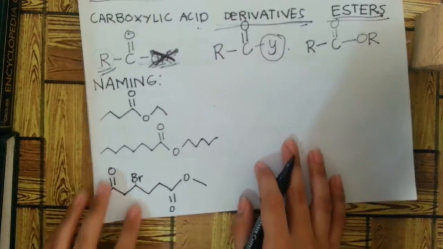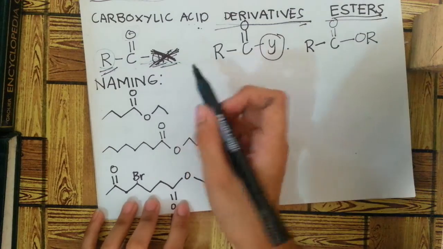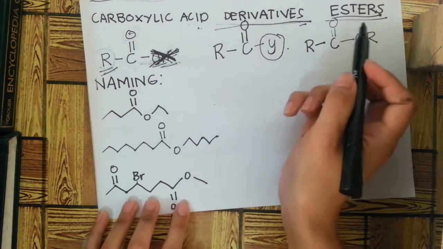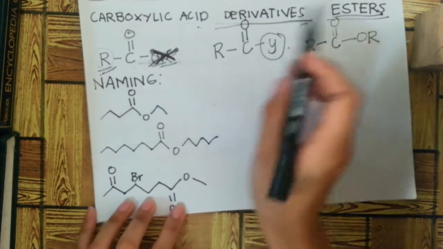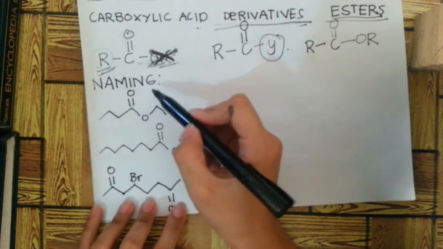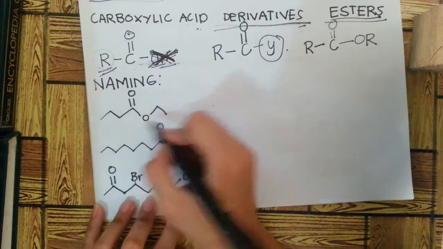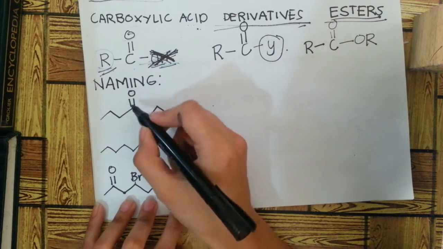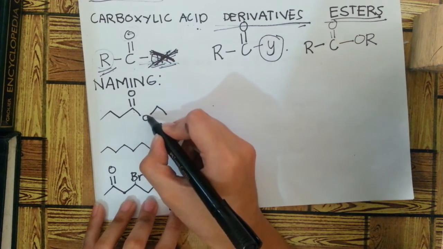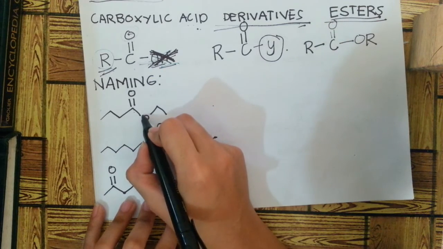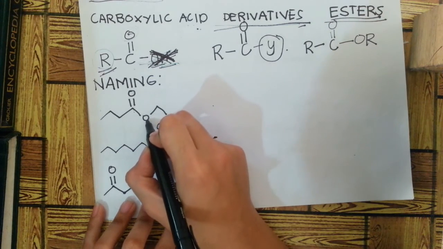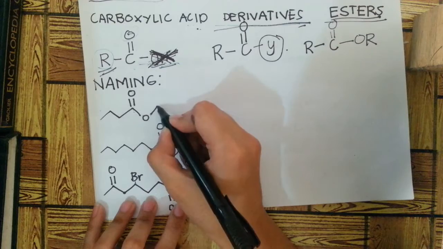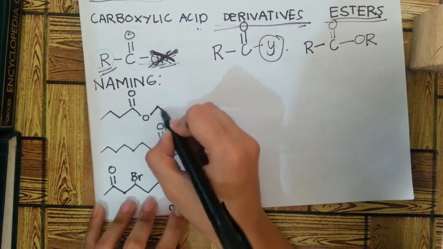In naming esters, the first thing that we must remember is that esters are a formula in which a carbon is connected to a double bonded oxygen and single bondedly attached to another oxygen, and that oxygen is connected to another group of carbons.